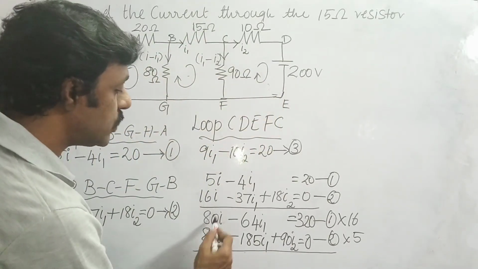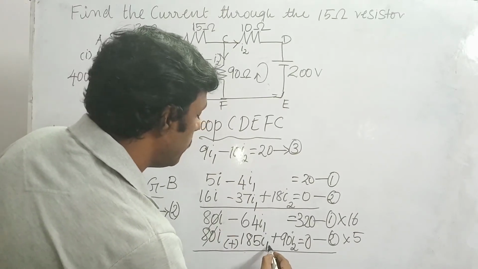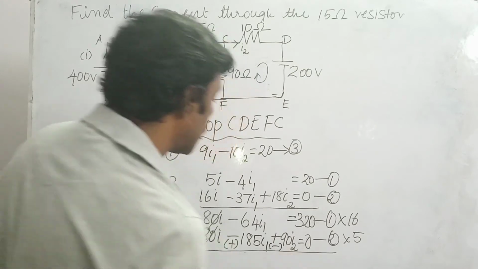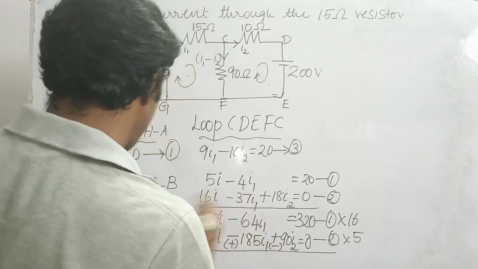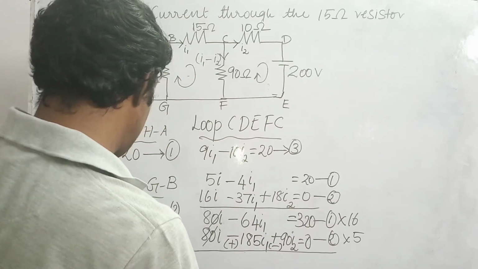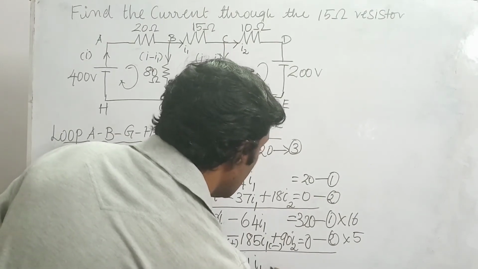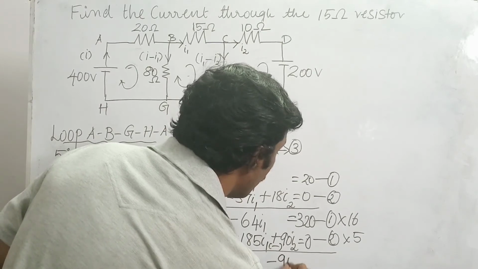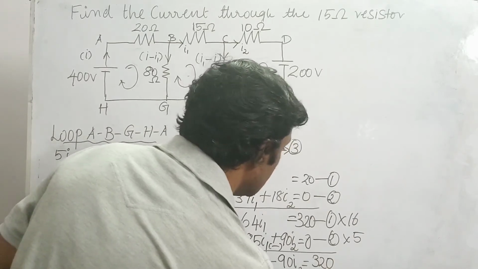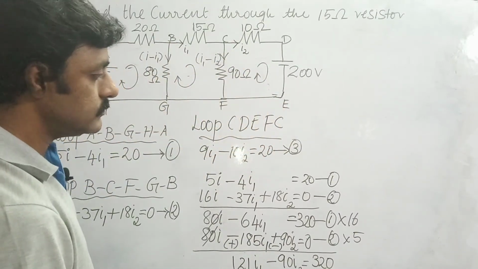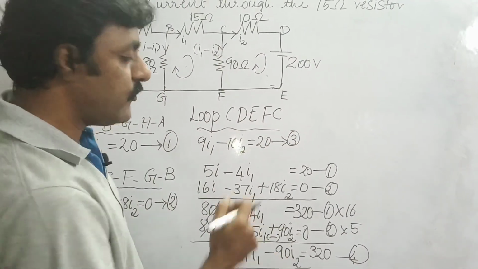Now the 80I terms are common, so I am cancelling them and changing the signs. Minus will become plus and plus will become minus. So 185 minus 64 is 121I1 minus 90I2 equal to 320. This is equation number 4.